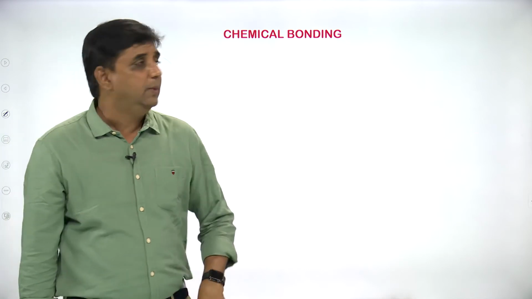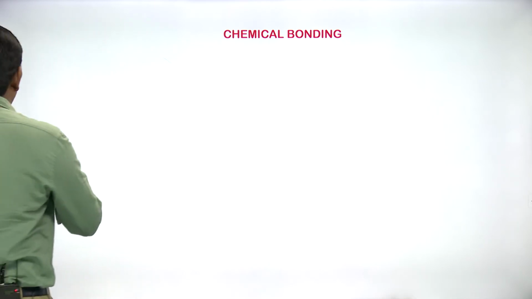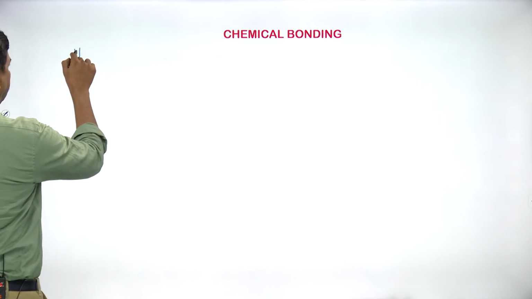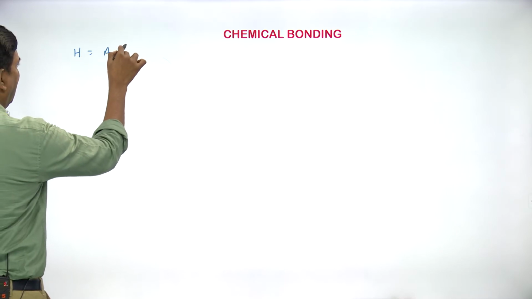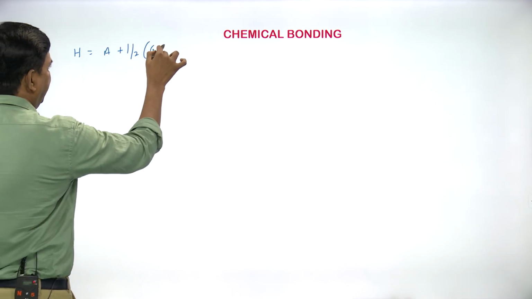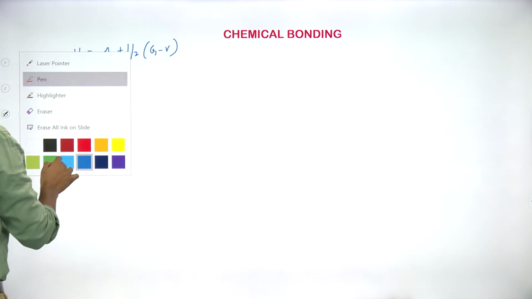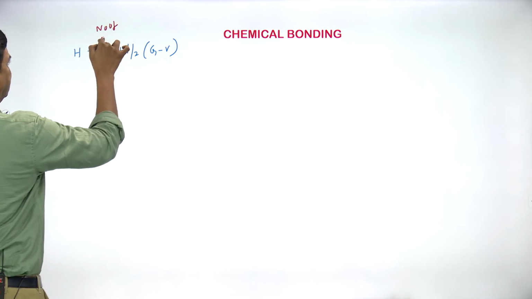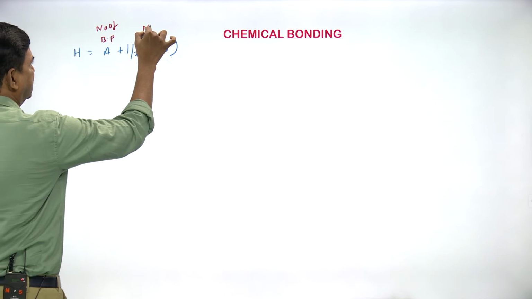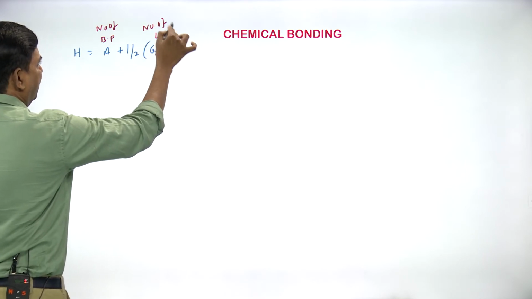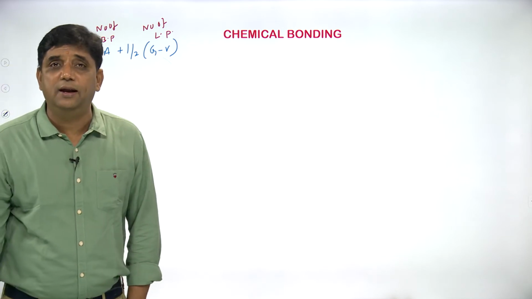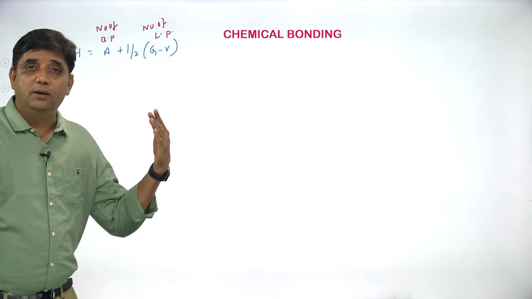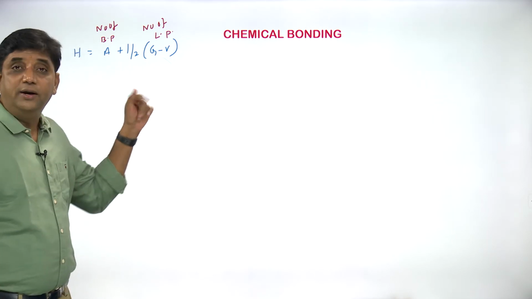The very first formula, students, is the very basic one: hybridization H is equal to A plus half into Z minus V. This formula will give you the number of bond pairs and the number of lone pairs. It is a very good formula to find them.